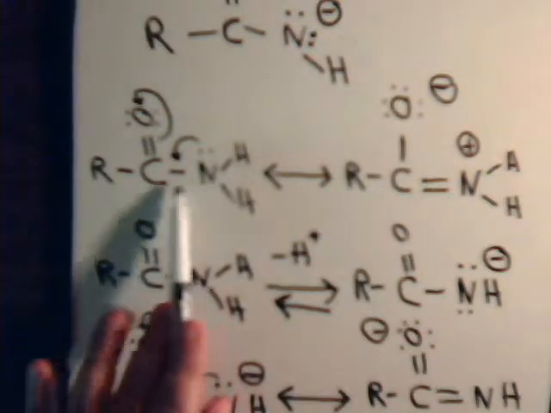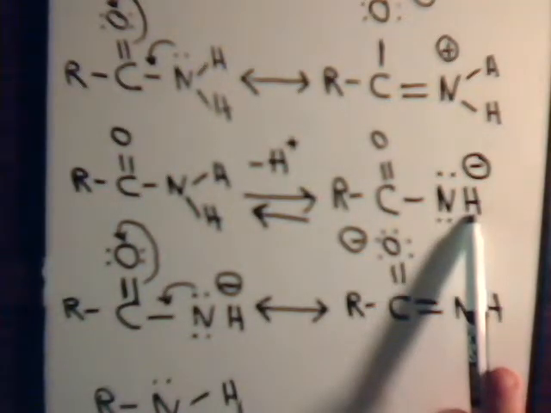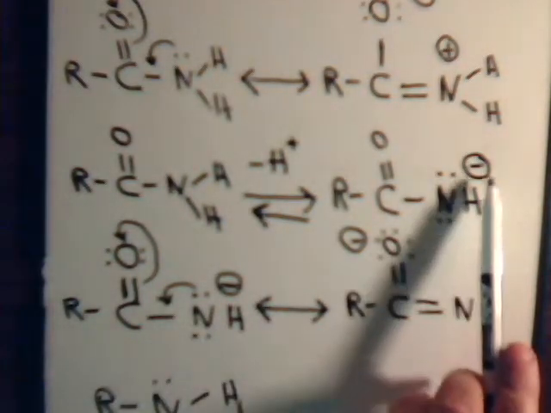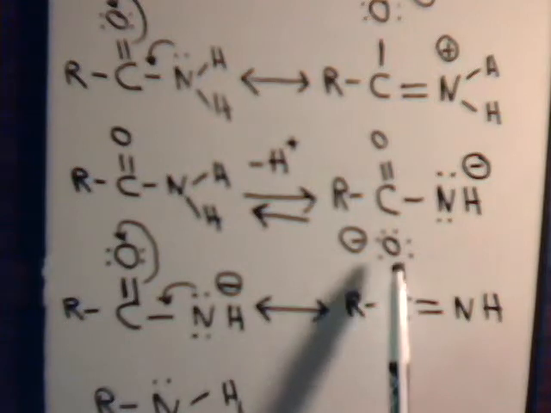But for the amide structure, here we see that it can lose a proton like this and have a pretty decent resonance stabilized anion that results. So therefore, amides can be somewhat acidic.